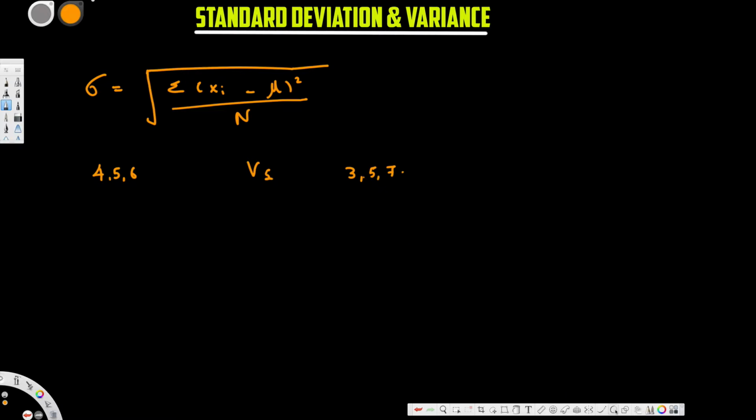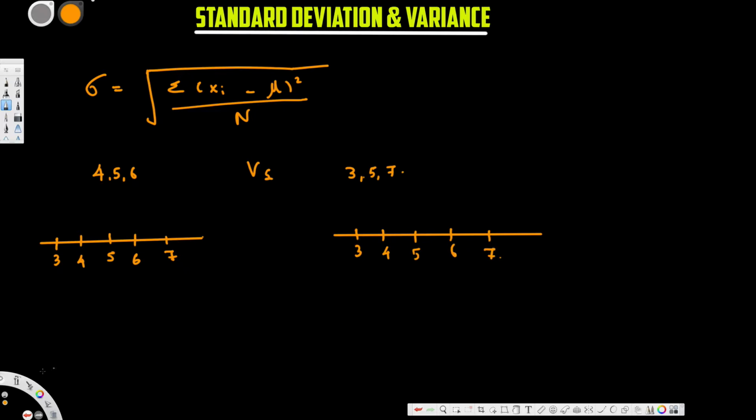To see this clearly, let's put a line like this. Now I'm going to put 3, 4, 5, 6, 7, and I also put the same numbers here, 3, 4, 5, 6, 7.